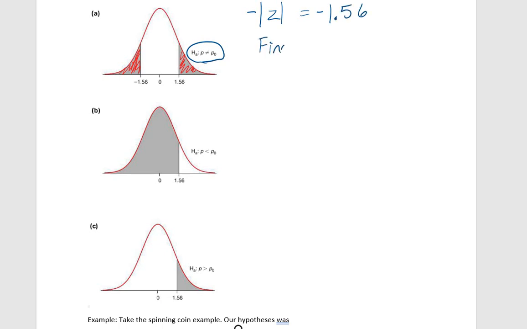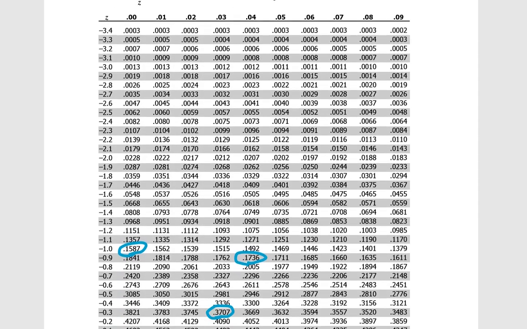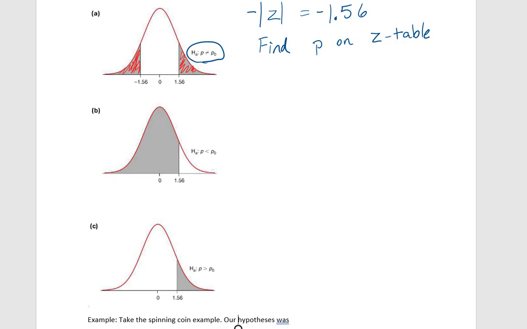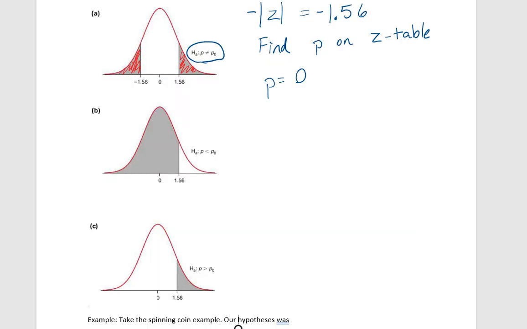Then you find the p-value on your z-table. So if we go back and look at our z-score table and find negative 1.56, we're going to get 0.0594. But remember, that's only on this side. We want to do both sides.